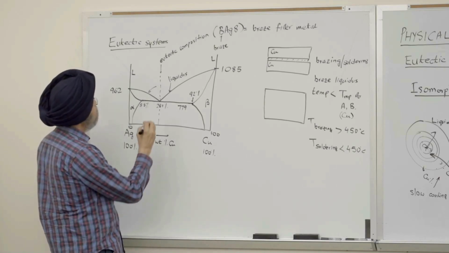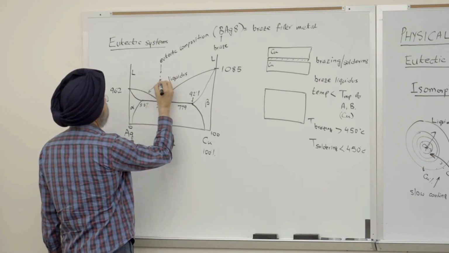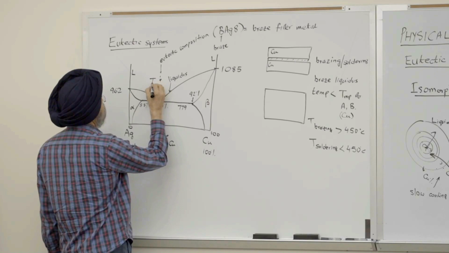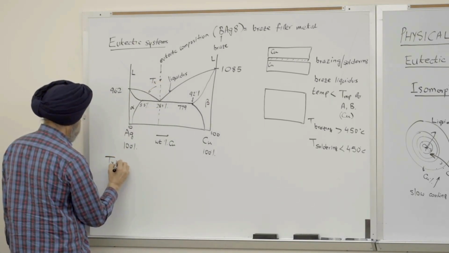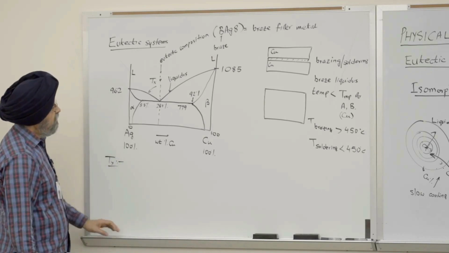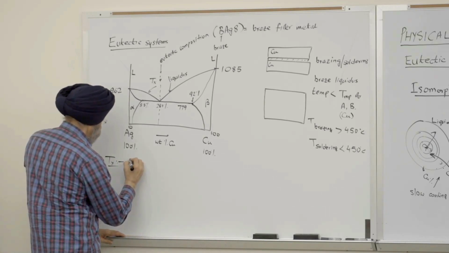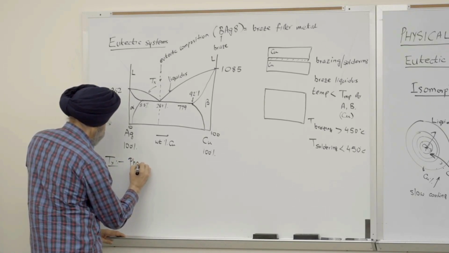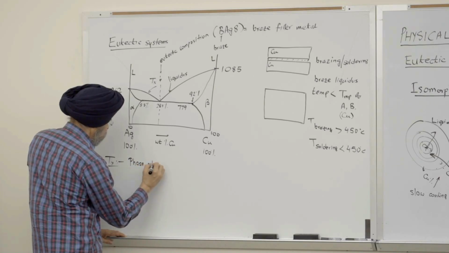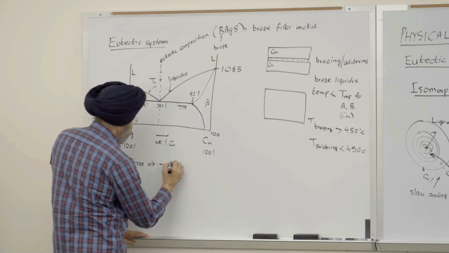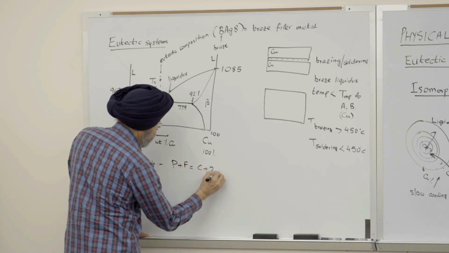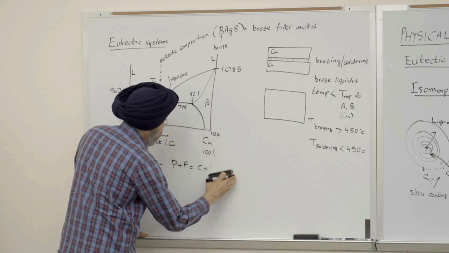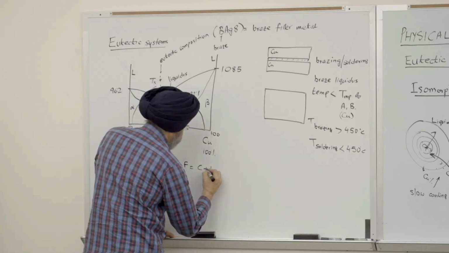So what happens is, if you were to be at this point, we'll call this temperature X. At temperature X, let me apply the phase rule. So phase rule says that P plus F is equal to C plus 2, but I'm keeping my pressure constant.